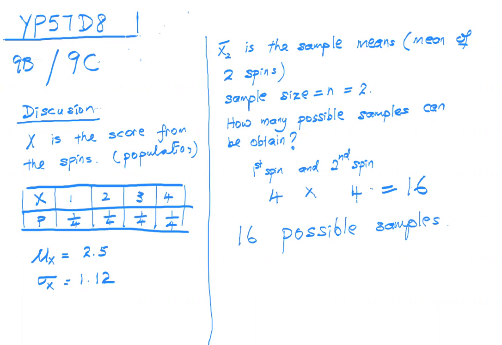Do you get me? So now in this part, am I interested in X, or what is my variable that I'm going to talk about? Look, my variable is the sample mean, which means I'm going to build a table first.